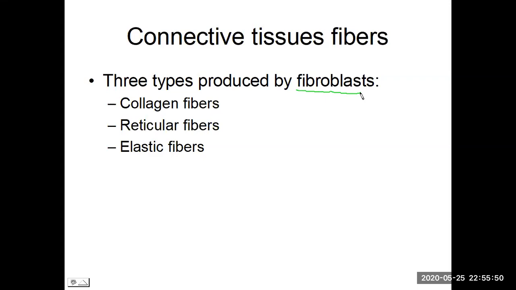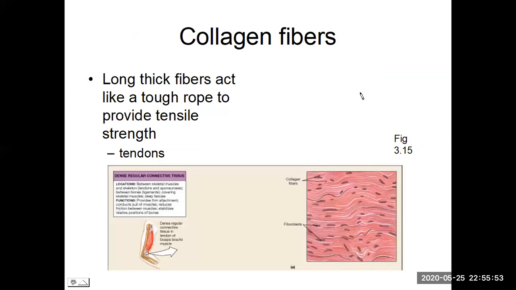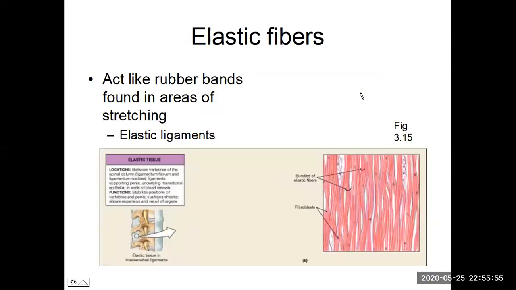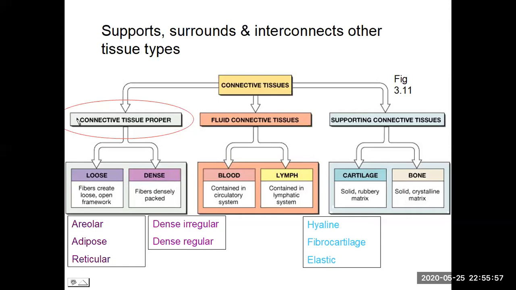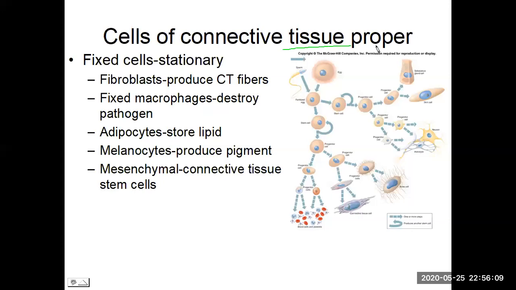Now we'll move on to cell types found within various types of connective tissues. We're going to start here with connective tissue proper, so we're limited to just this sector here for now. We'll see a few types of cells that are present in connective tissue proper. It's divided into what's known as fixed cells, which is one category, and a second category we'll get to on the next slide coming up.